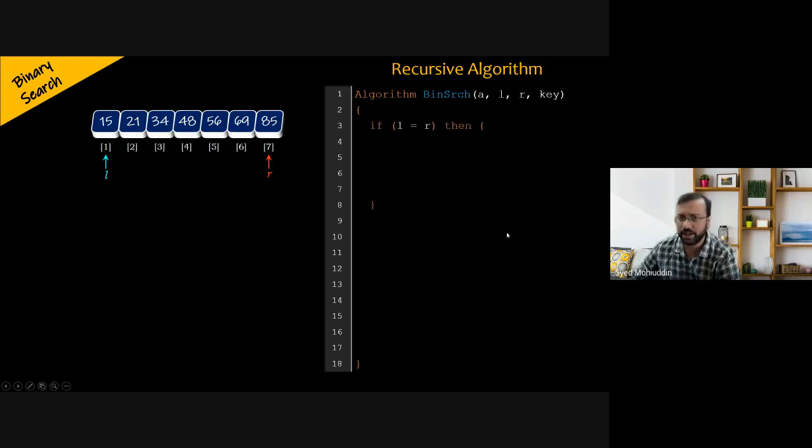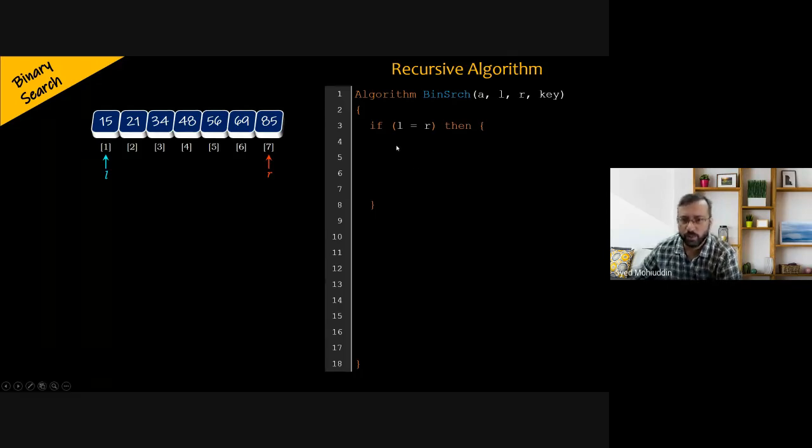Now here, this is recursive, and we say that this uses the divide and conquer strategy. In the divide and conquer strategy, in the general algorithm, we had: if the problem is small. In binary search, the problem will be small when there is only one element left in the subarray.